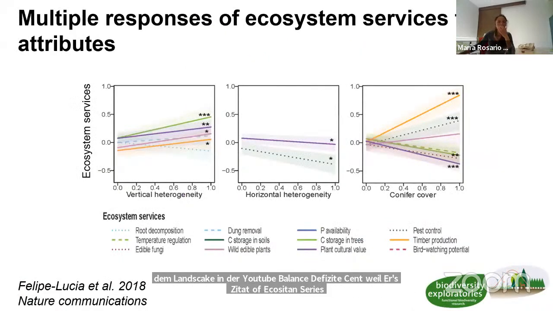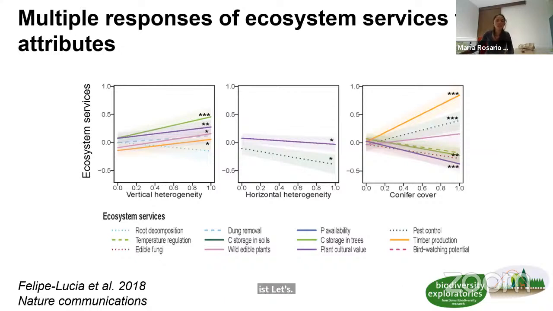Later through my postdoc, I was also focusing mostly on forest, and here I was investigating which aspects of forest management have an effect on a number of different ecosystem services. And there we could identify mostly 3 main patterns. We could either have a clear synergistic effect, so all the services would increase with a particular management aspect.